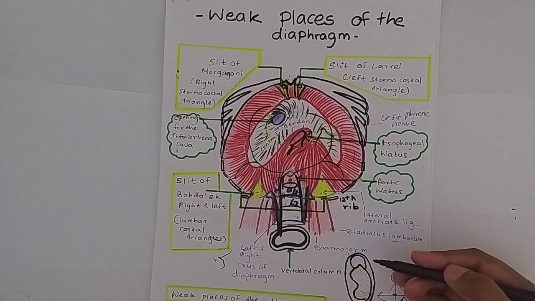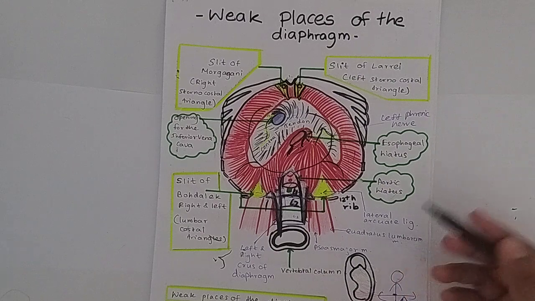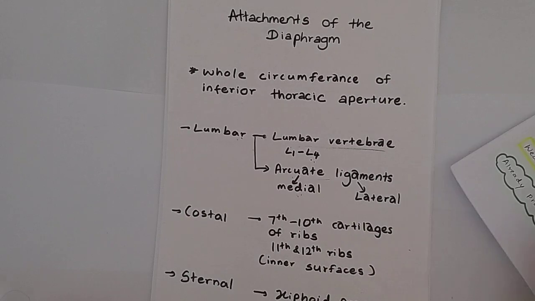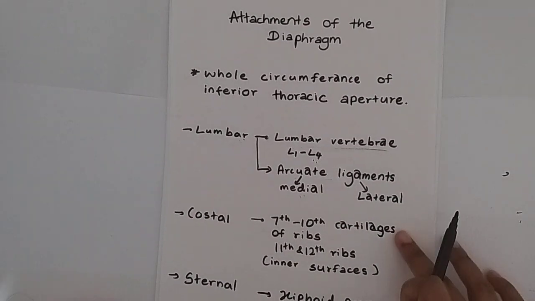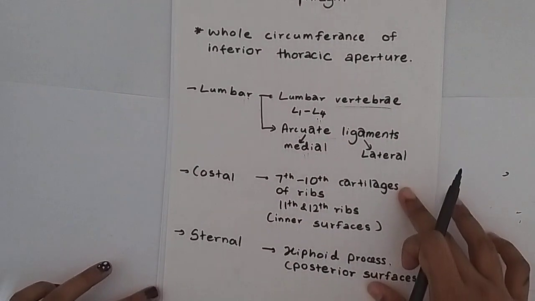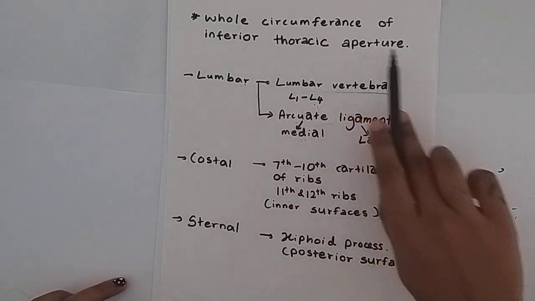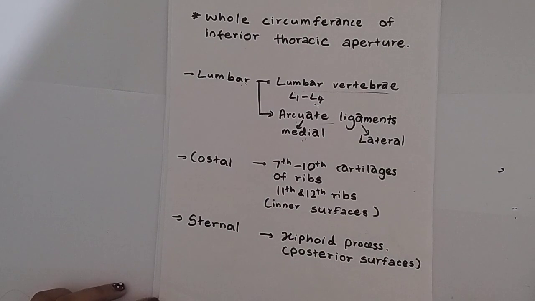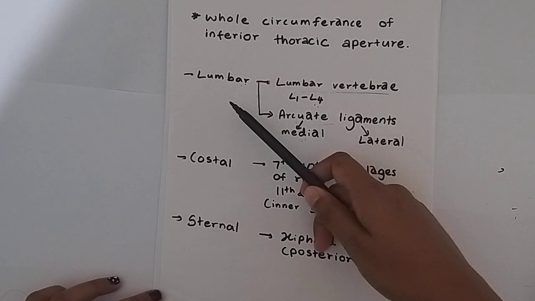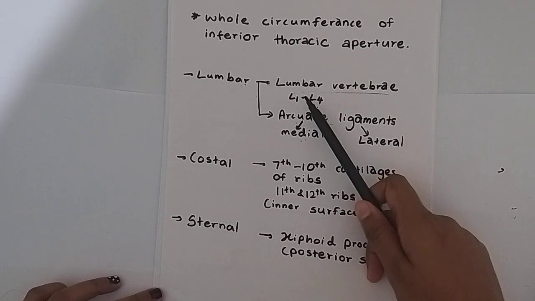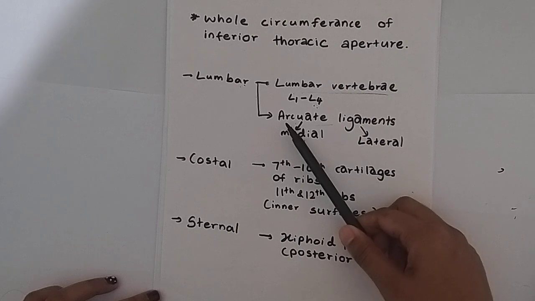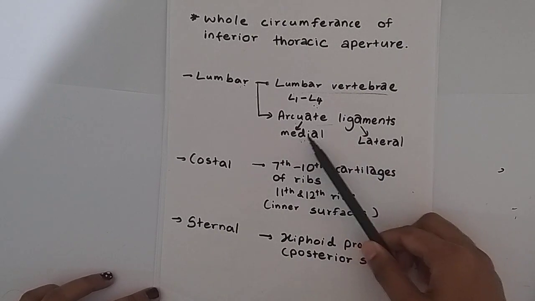Now we will talk about the openings. Before that I will show you a note about the attachment of the diaphragm. The whole circumference of the inferior thoracic aperture, actually its inner surface, gives rise to the muscular parts of the diaphragm. The lumbar part arises from the L1 to L3 vertebrae, the crura especially, and the arcuate ligaments, medial and lateral.